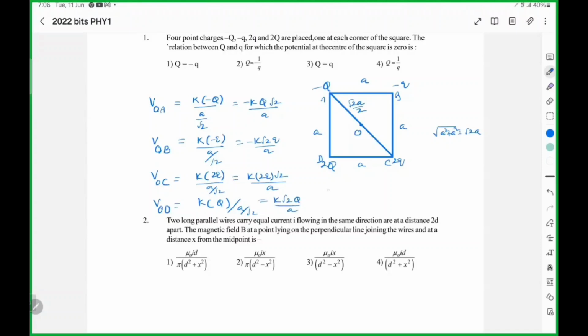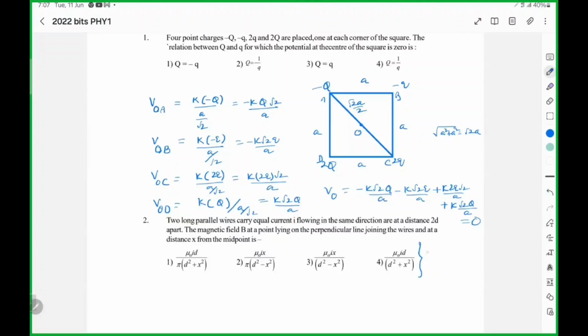So now the potential at O will be minus k root 2 q by a, minus k root 2 q by a, plus k times 2q root 2 by a, plus k times root 2 q by a. It is said to be 0. So here you can take k root 2 by a common.